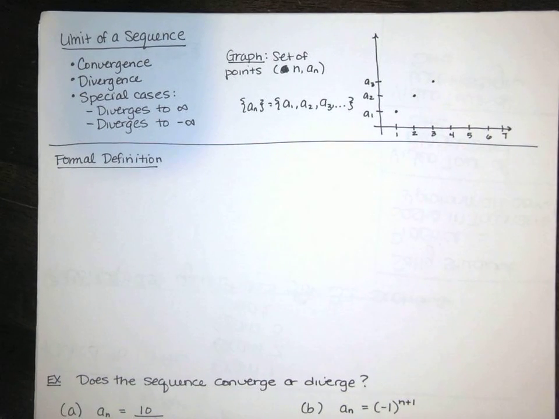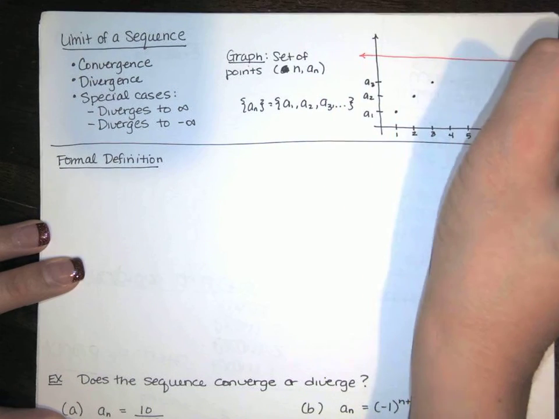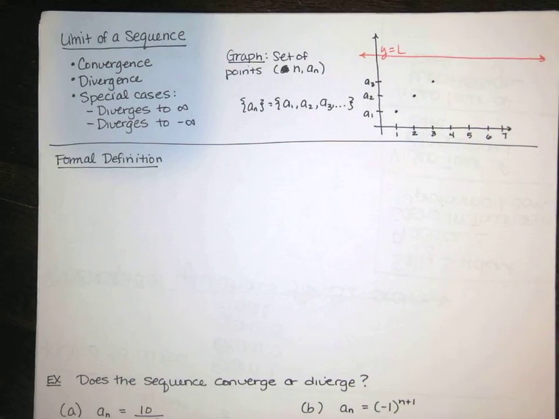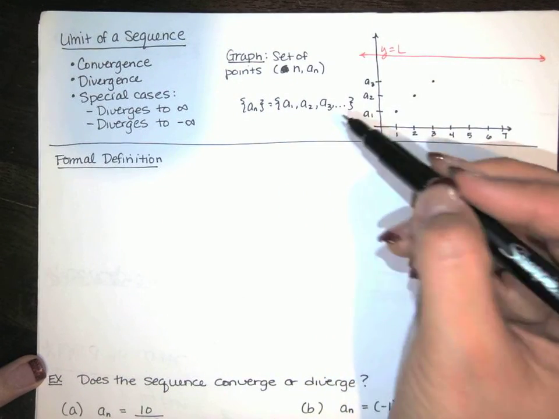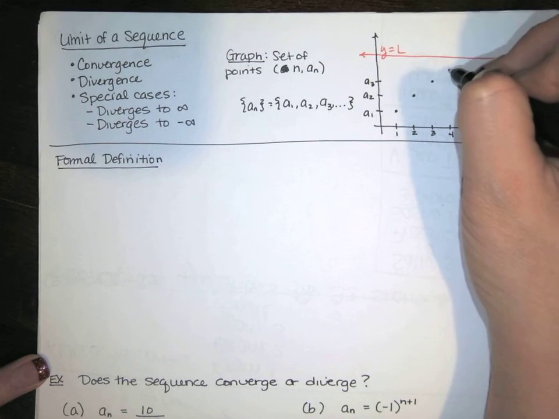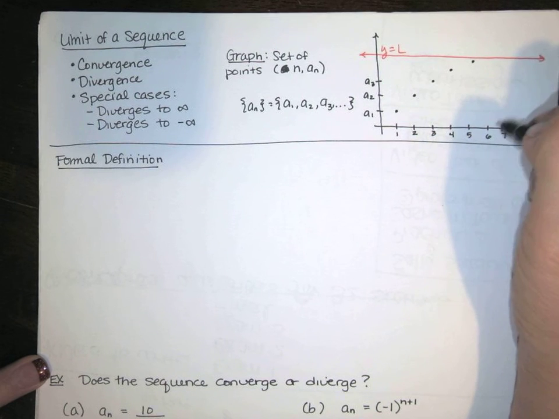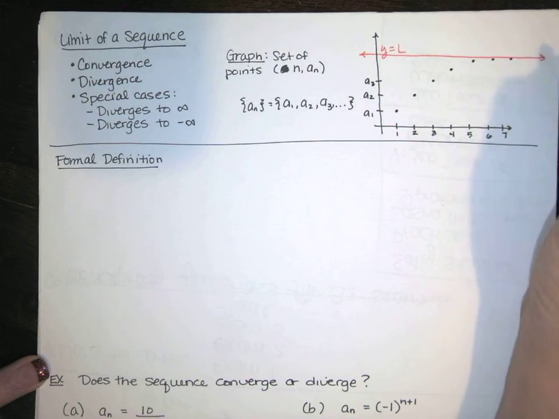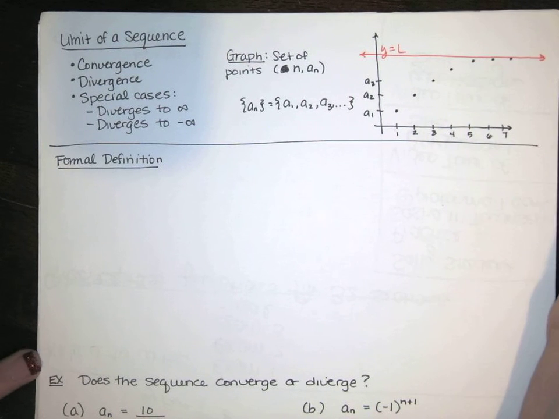So we might have a line given by y equals L. And it's possible that as n increases, the values that are listed here get closer to this line L. So maybe when n equals 4, a sub 4 looks like that. When n equals 5, a sub 5 looks like that. A sub 6 is there. A sub 7 is there. And it's okay if we cross the line. Maybe a sub 8 is on the other side, but maybe we're just getting very close to that line.